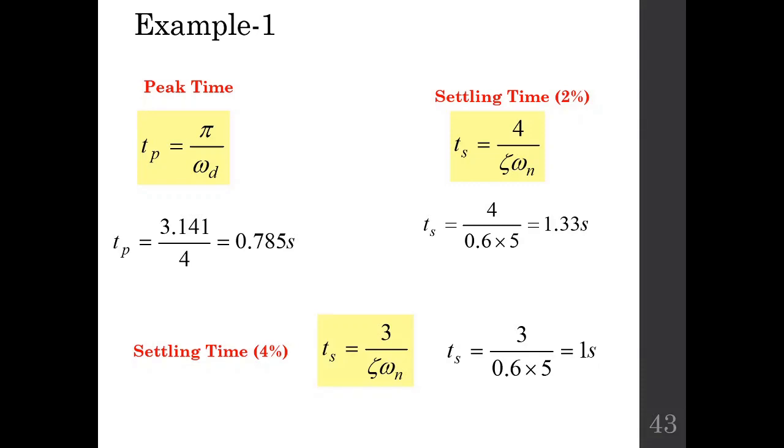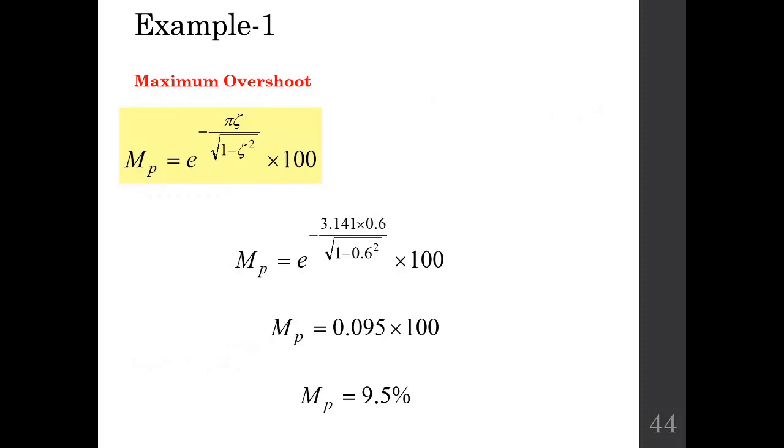The last thing left is the maximum overshoot. We know that the maximum overshoot is equal to e raised to the power minus pi zeta divided by under root 1 minus zeta square.